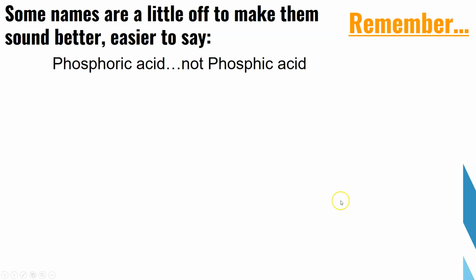We say phosphoric acid, not phosphic acid. Phosphic is awkward to say. We say phosphoric acid. We also say sulfuric acid. We don't say sulfic acid. One of the reasons why this is one of the few chapters that flashcards are good is because you do just have to memorize some of those weird things like this.